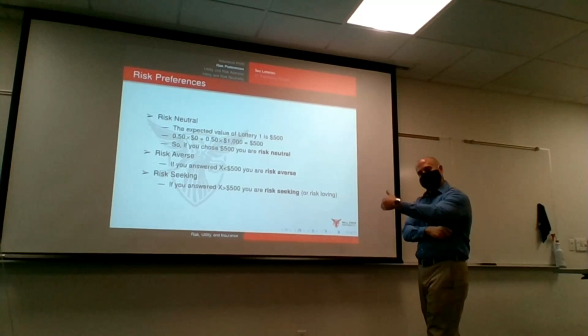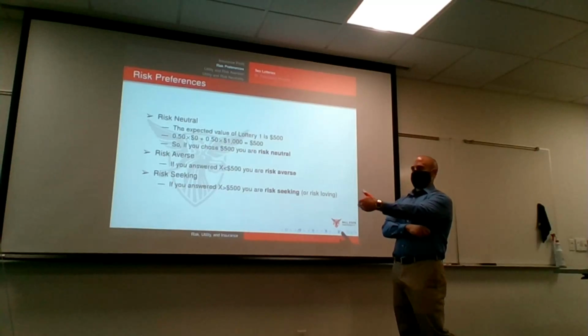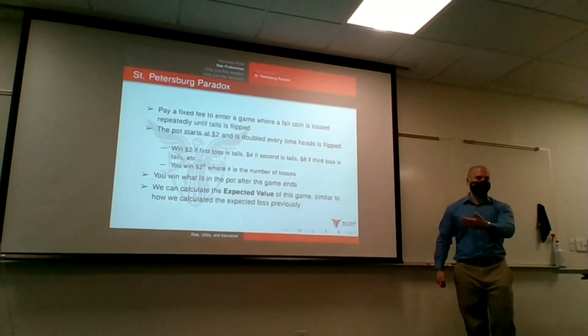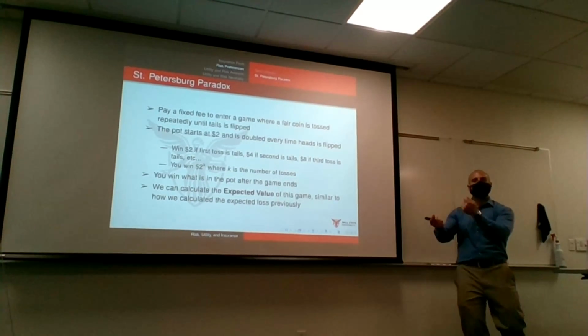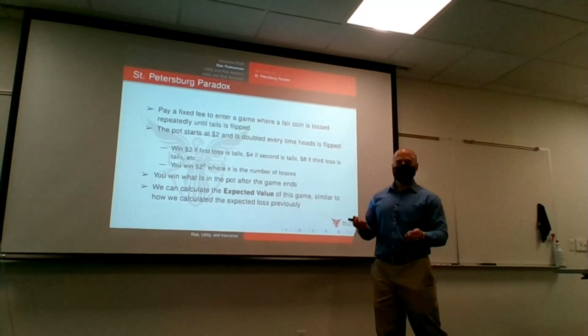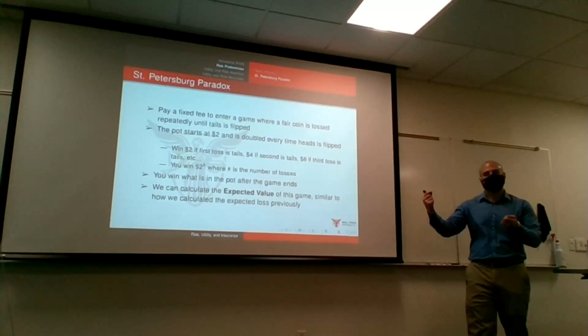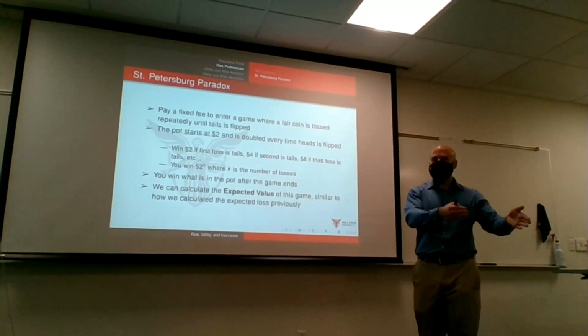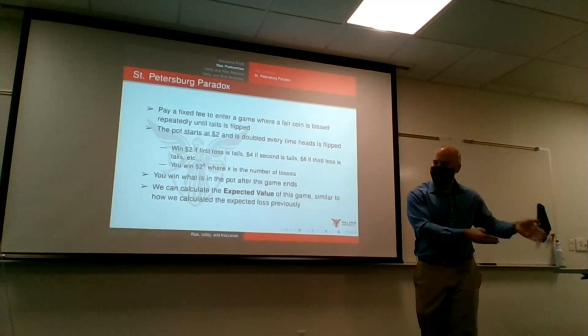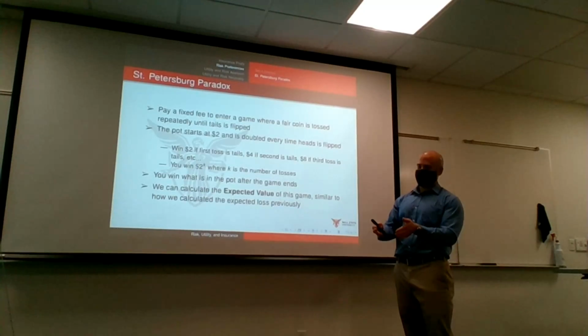But let's look at an even more extreme mathematical example, called the St. Petersburg paradox. So we're bringing in another kind of gambling type game here. And we're keeping in the back of our mind, why would some people behave in a certain way? The numbers dictate one action, but people do another. Okay.